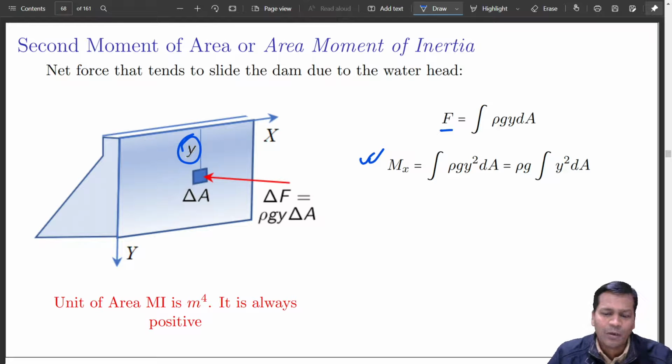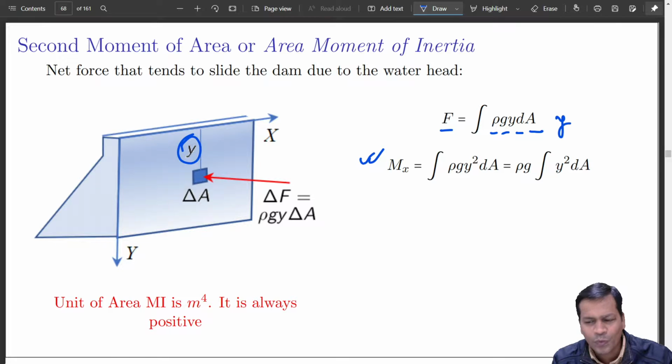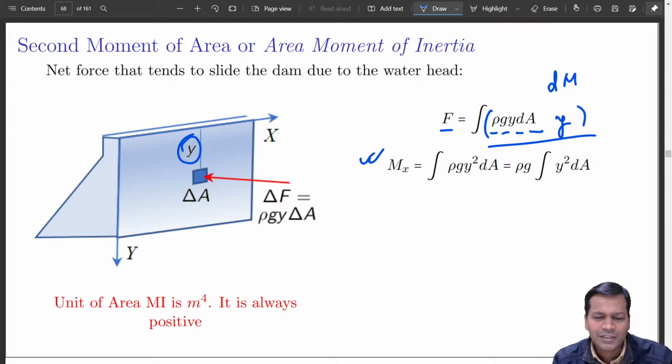So how much is that toppling moment? That is equal to rho g y dA. This is the elemental force, into y. This term is basically the small elemental moment that is trying to topple this.